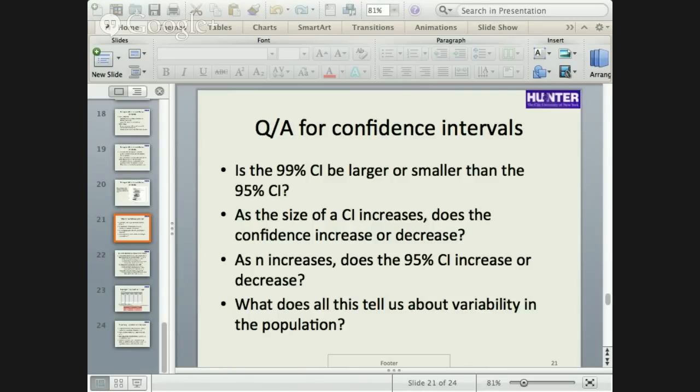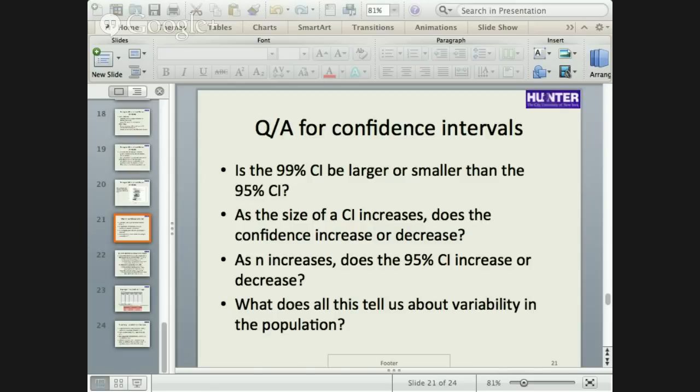Does the 50% confidence interval and the 90% confidence interval have to be the same for everyone for a particular question? No, one of them is going to be bigger. So I want someone else to answer it though. Out of these two, 99 and 95, which one is bigger? 99, very good. So out of the 50% and the 90% confidence interval, which of those should be bigger? Okay, so the 90% is bigger than the 50% confidence interval.